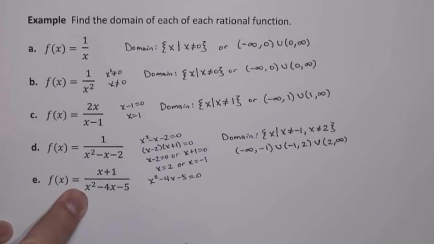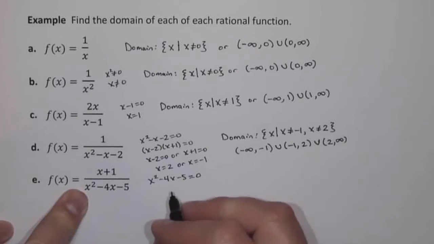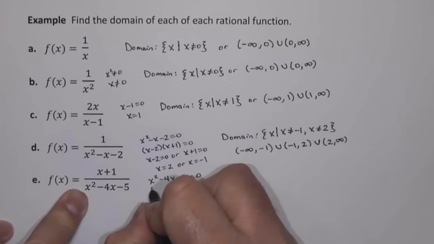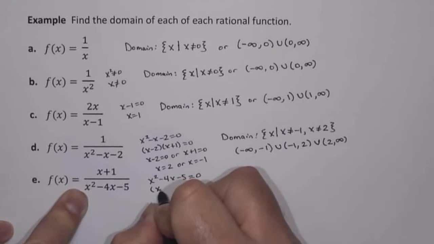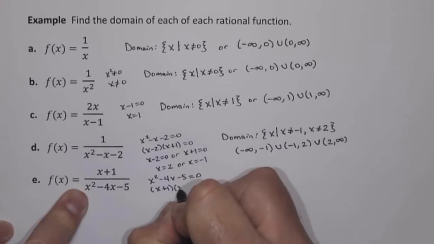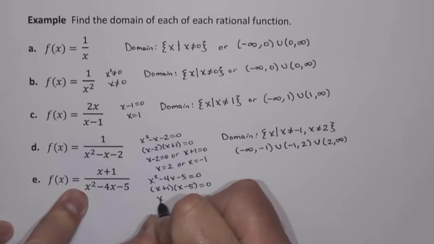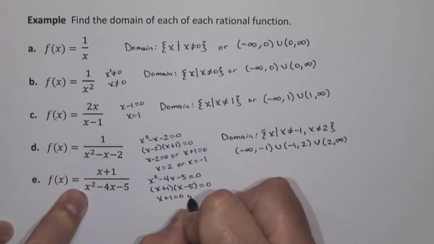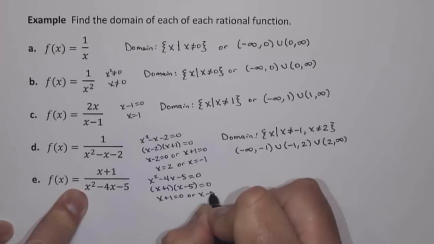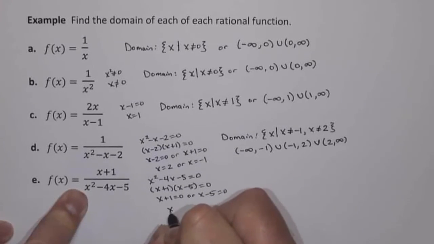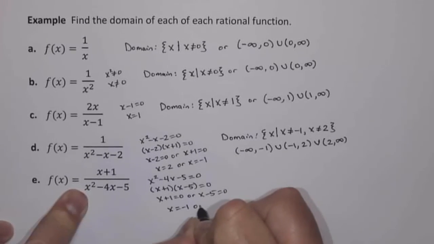Again, that's quadratic, so we can solve it by factoring if it factors, quadratic formula, square root principle, completing the square, any of those will work. In this case, it will factor into x plus 1 times x minus 5. So either x plus 1 equals 0 or x minus 5 equals 0, which means x equals negative 1 or x equals 5.